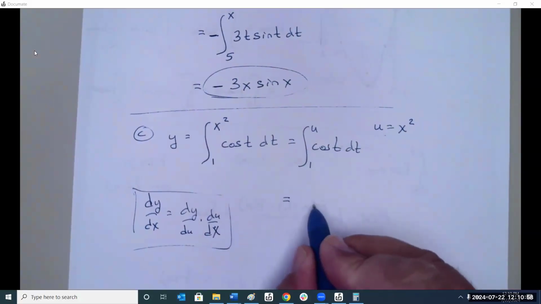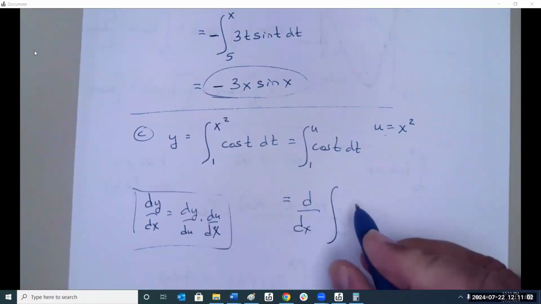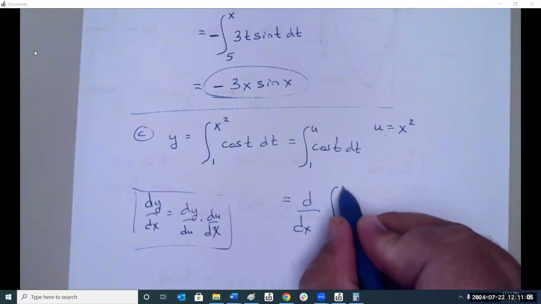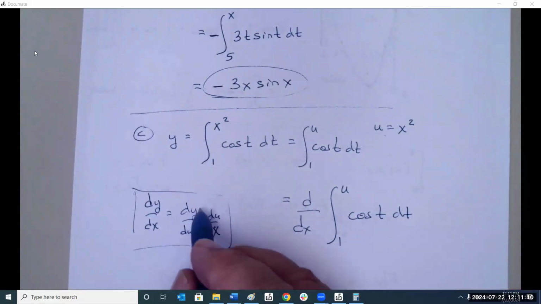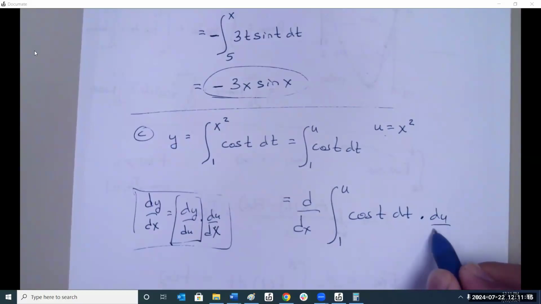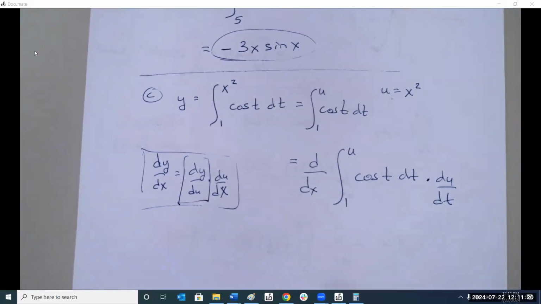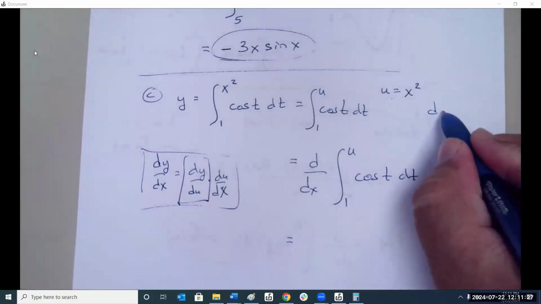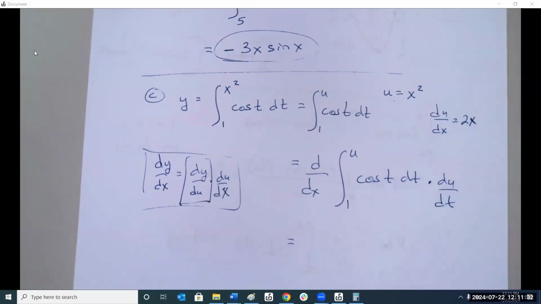So the derivative of this function, going from 1 to u of cosine t dt, that's this part, times du dx. What is du dx? 2x.